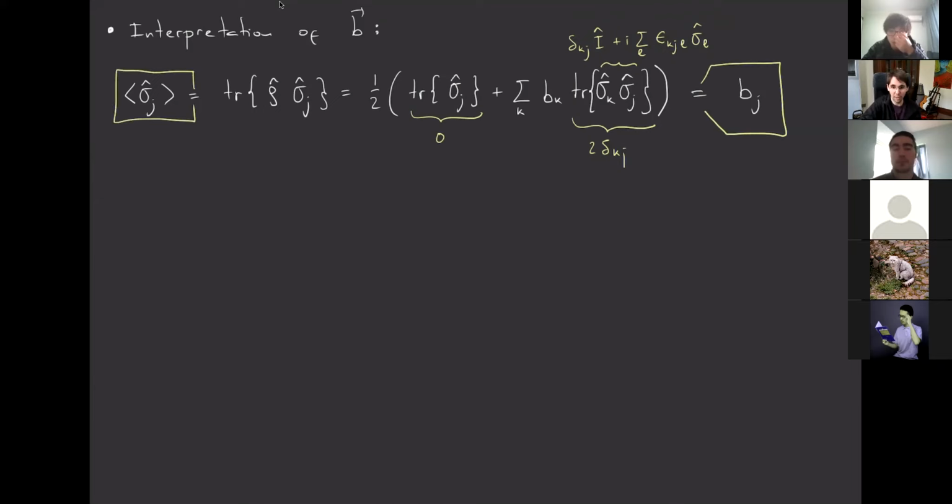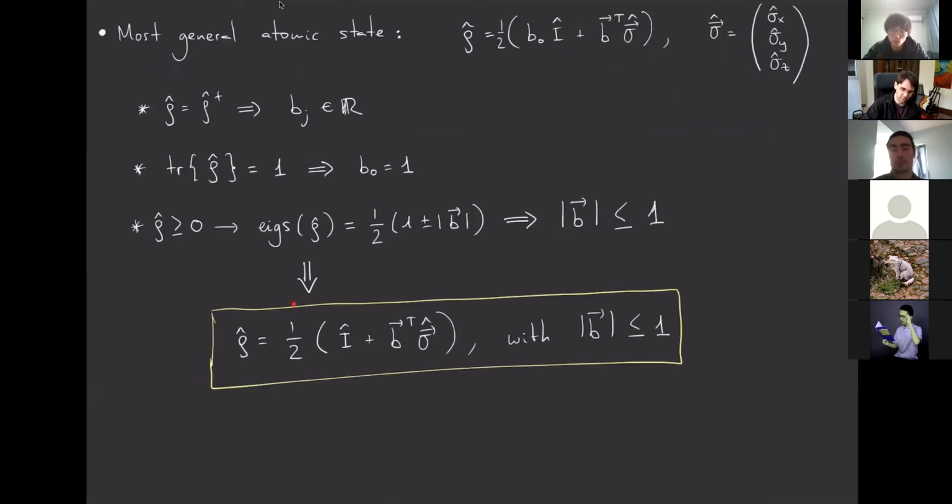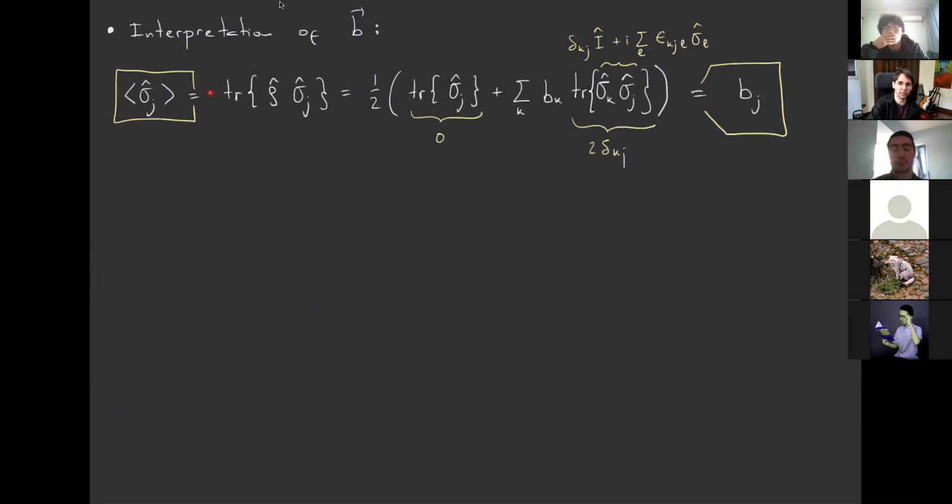This is awesome. Look, the expectation values of the basis operators, sigma j, are exactly the coefficients B that we write for the parametrization of the state. So if I give you the state in this form, you automatically know that the linear coefficients, the coefficients of the linear combination of the sigmas, are exactly the expectation values of the Pauli operators for that state.